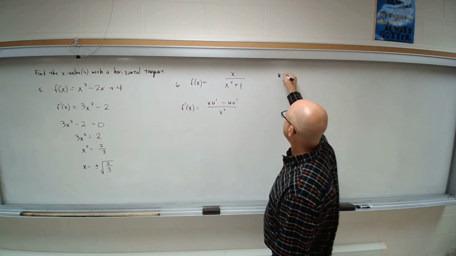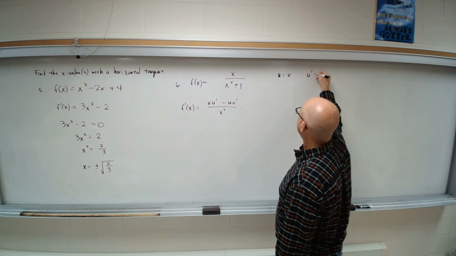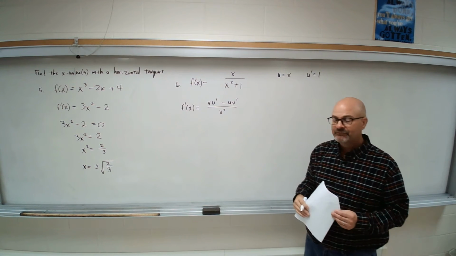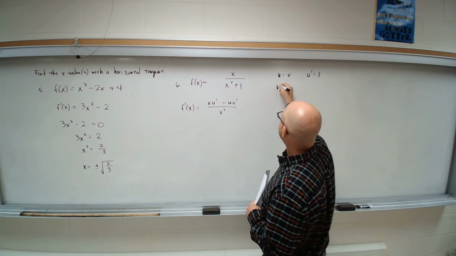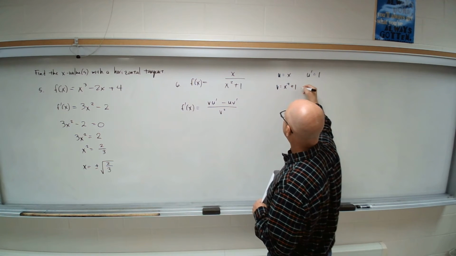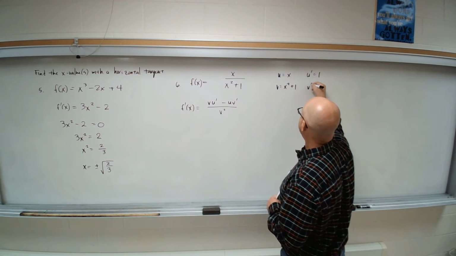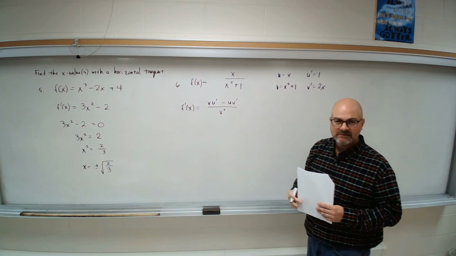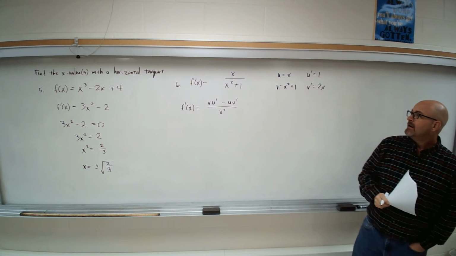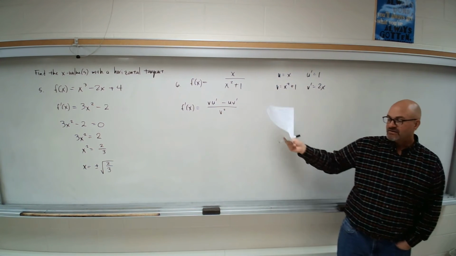So if u is equal to x, u prime would be 1. And if v is equal to x squared plus 1, then v prime would be 2x. Okay, again, if you're really feeling confident, you might just start writing right away.